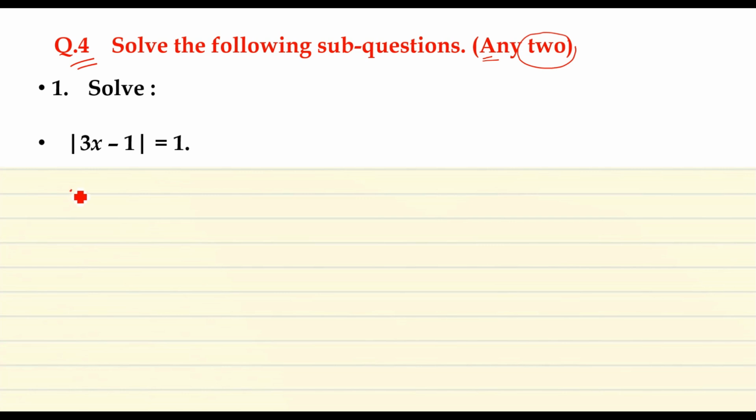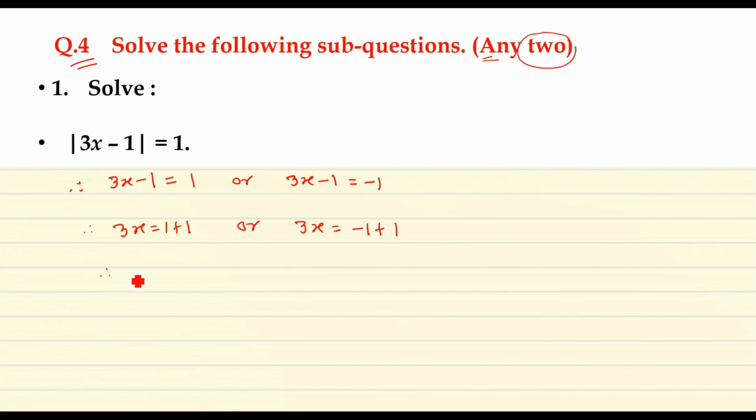So here we can start: 3x minus 1 is equal to plus 1, or 3x minus 1 is equal to minus 1. Now this will give me 3x is equal to 1 plus 1, or 3x is equal to minus 1 plus 1.